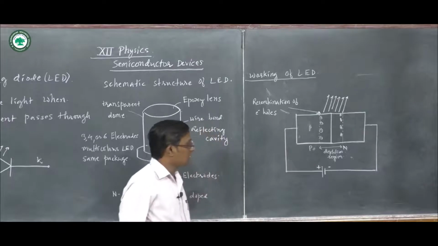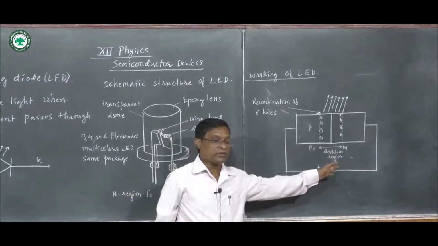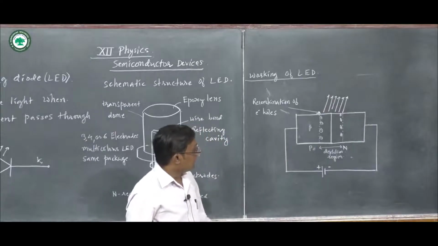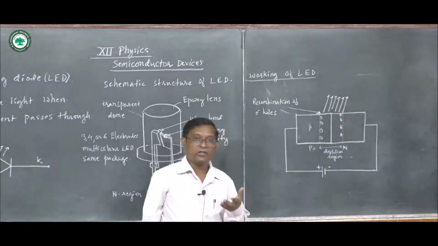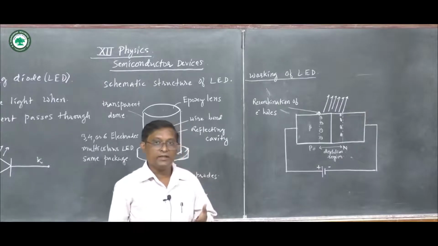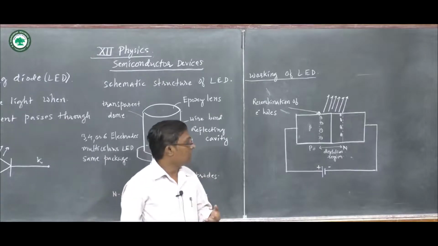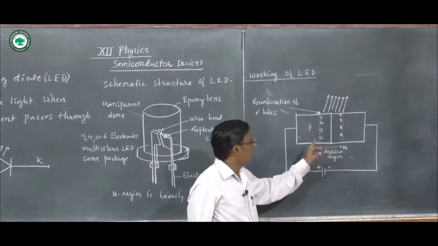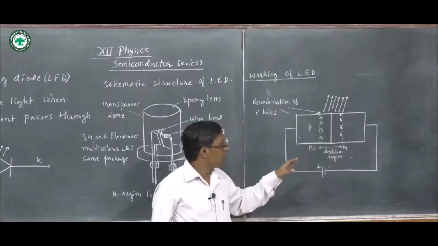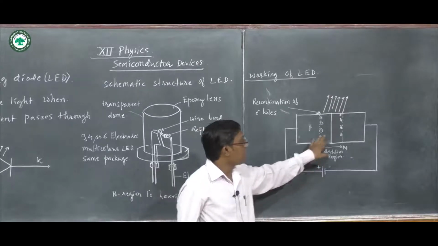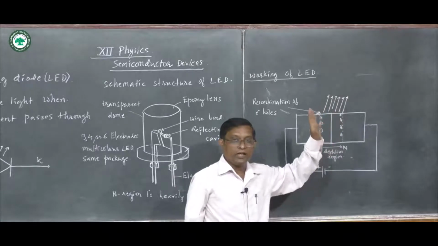When the forward current flows through this PN junction diode, the light emitting diode, the electrons in the conduction band recombine with the holes in the valence band of the semiconducting material, and it starts to emit light.